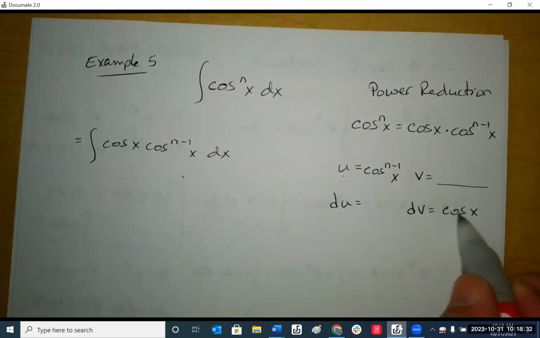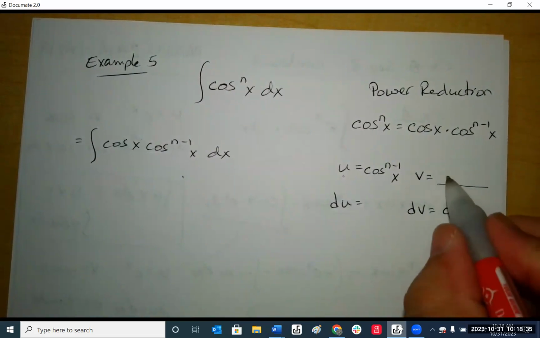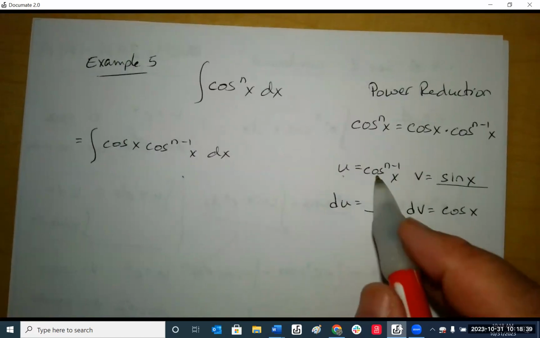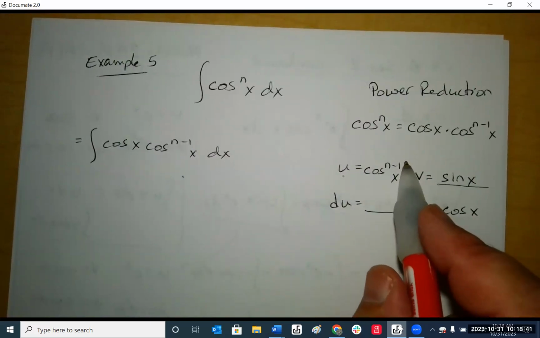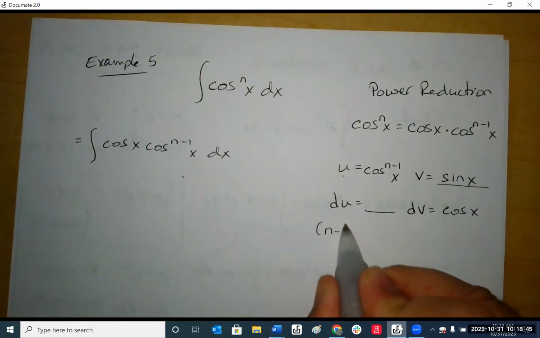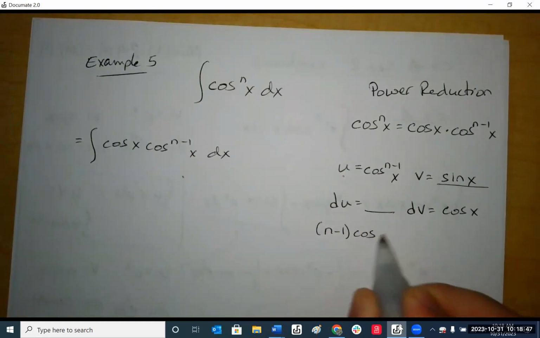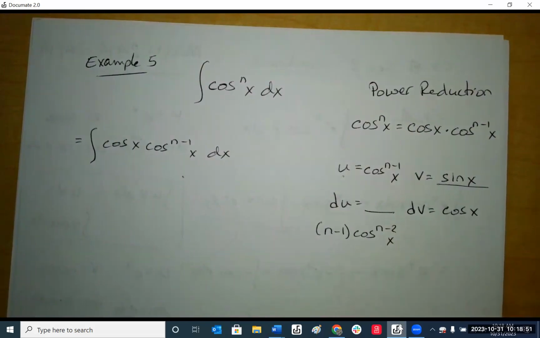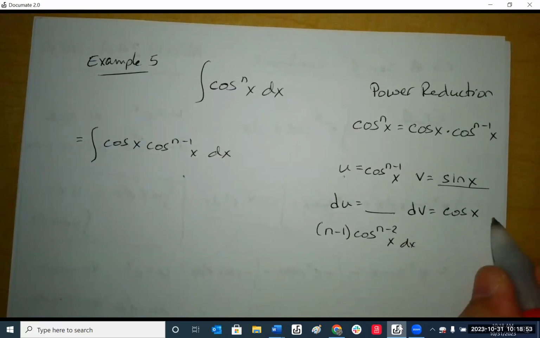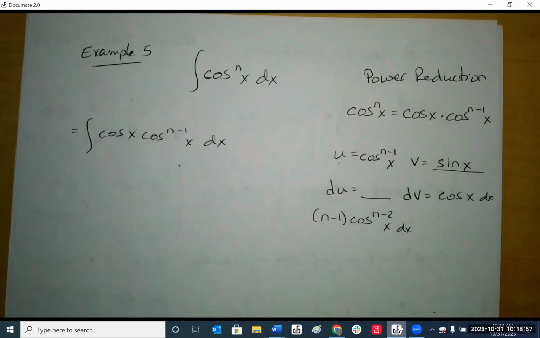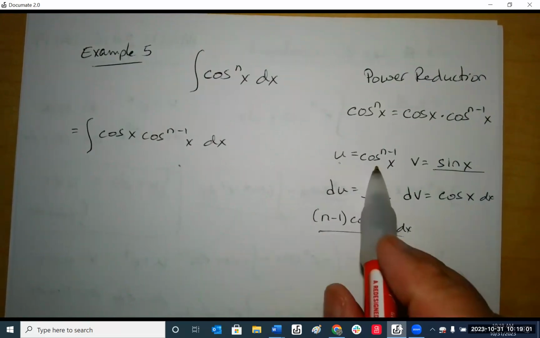So the integral of cosine is sine x, and the derivative of cosine n minus 1 is, bring the power down, cosine n minus 2 x dx. So this is my u prime, that's my u.